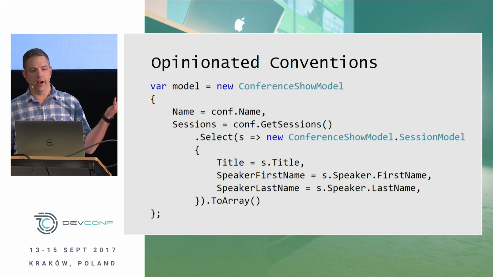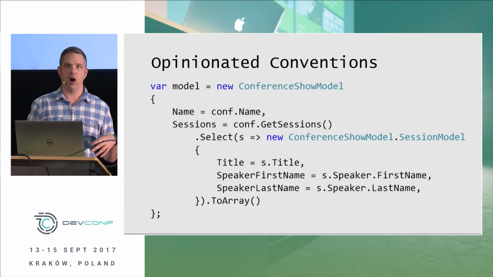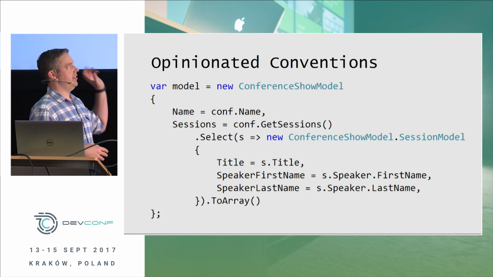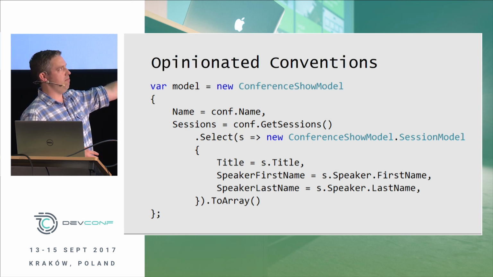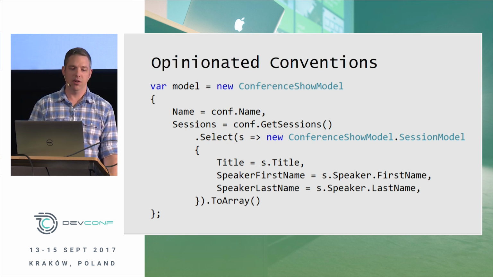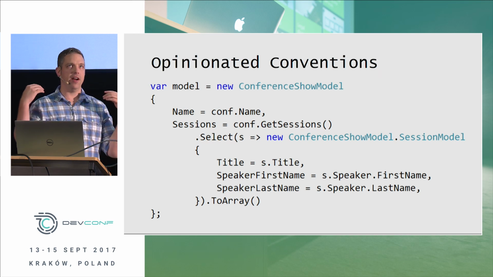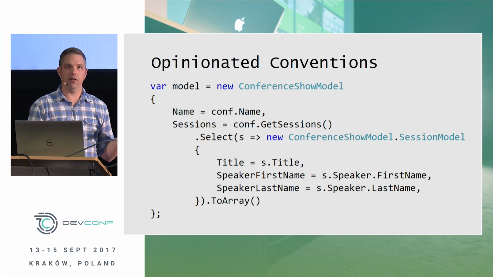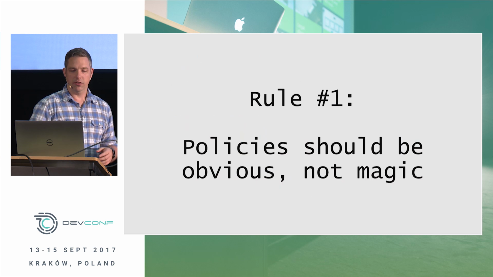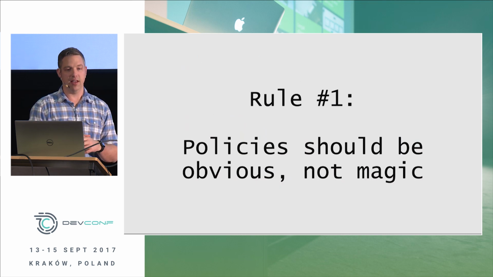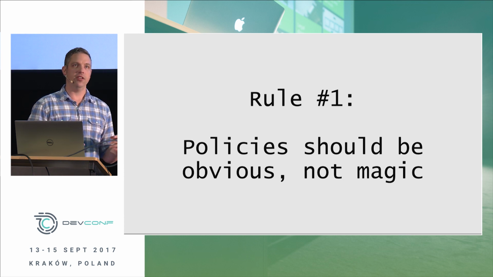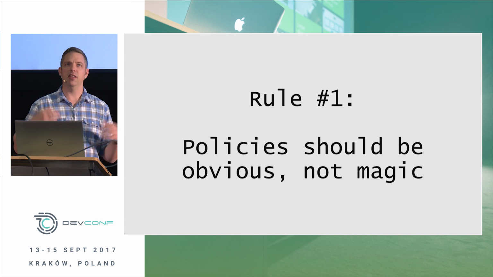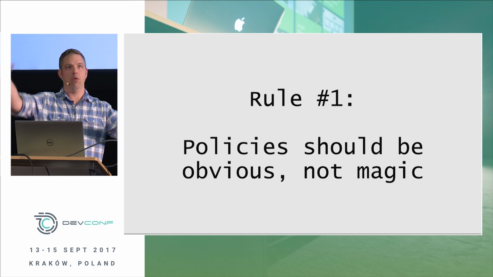So for example, it should be easy for a developer to replace this set of code that does manual mapping of stuff with something that automatically maps. And it should be very obvious to them the rules that are in place there. So that was one of our first rules of these conventions, that policies should be very obvious. It should be enforcing a policy I'm already doing by copying and pasting code, but it shouldn't be this magic policy that everything kind of wires up by itself.